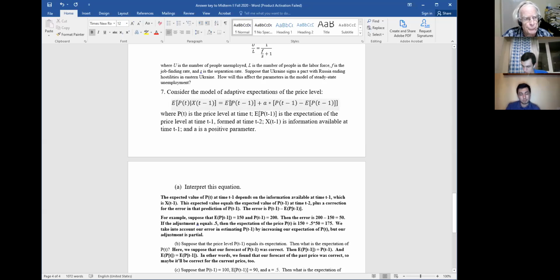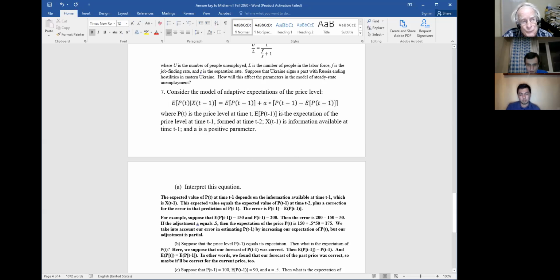So these expectations occur 1 year ahead. And then finally, here is the actual price level last year compared to our expectation. If it turned out to be wrong last year, then we will adjust our expectation for this year.